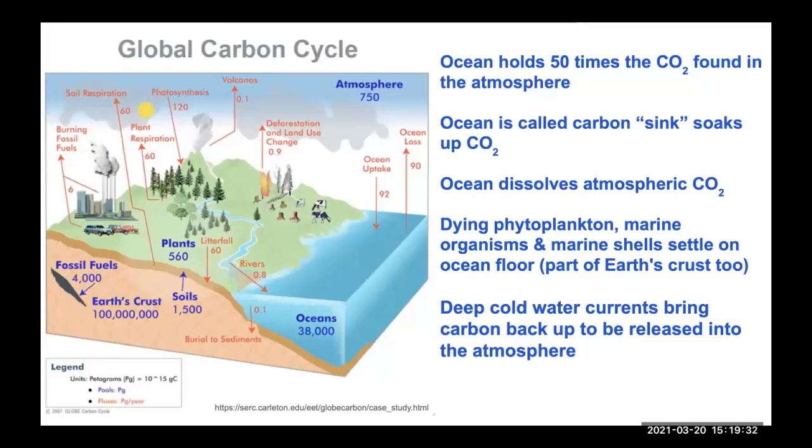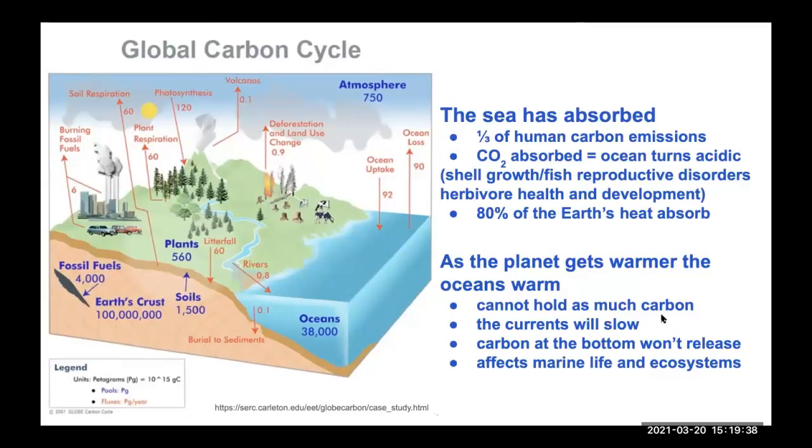Deep cold water currents bring our carbon back up and release it into the atmosphere. This is an important part of our carbon cycle. The sea has absorbed about a third of human carbon emissions, but it's becoming saturated. Saturated, like think about a hydrocarbon chain when it has those multiple bonds, right?